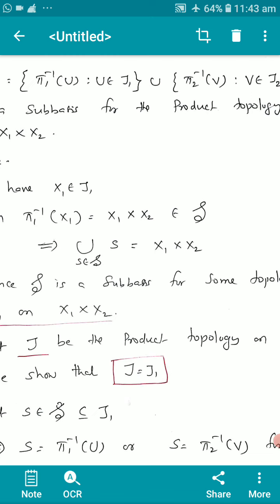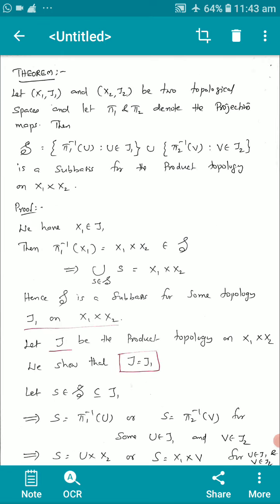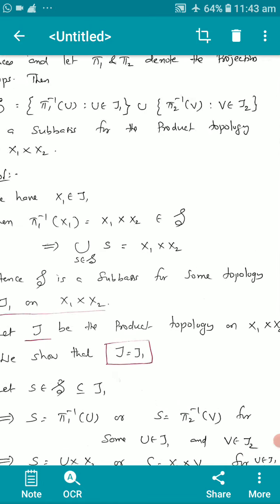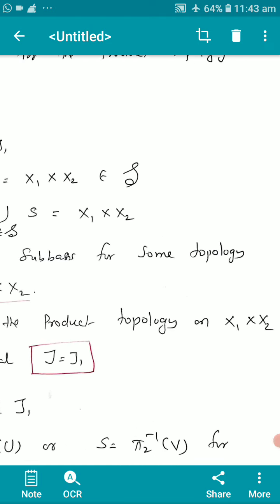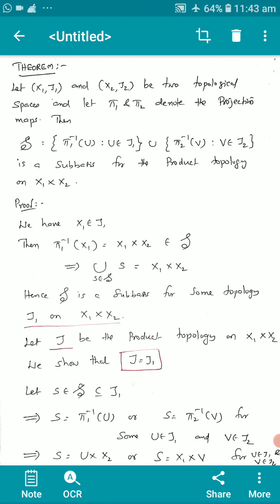It's an element of S directly. So what about the union of S where S is in script S? That is x1 cross x2. Hence S is a sub-basis for some topology tau1 on x1 cross x2. Let tau be the product topology on x1 cross x2. What do you have to prove? It is sufficient to show that tau equals tau1.